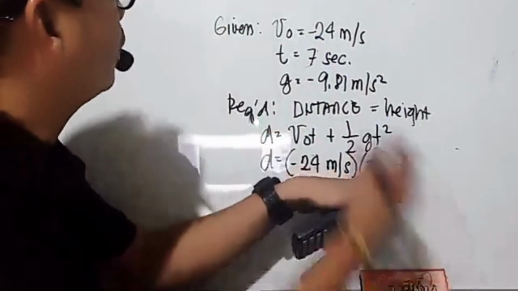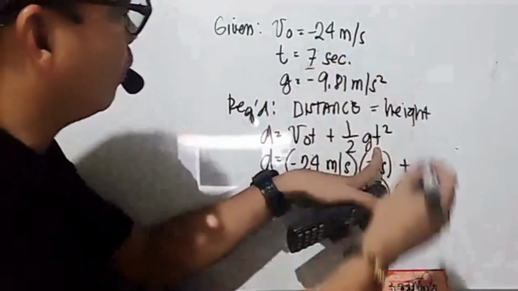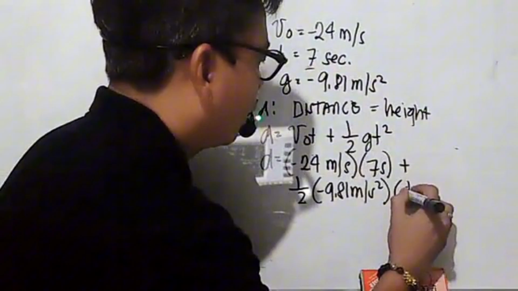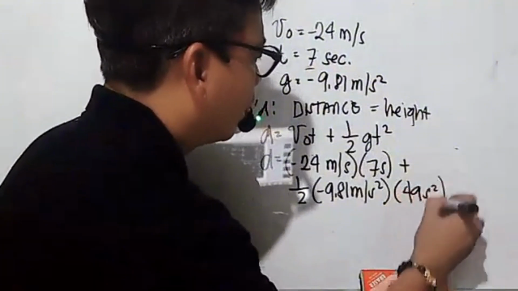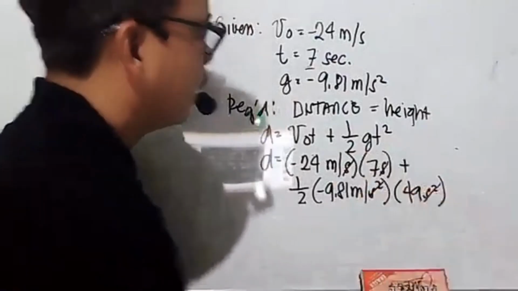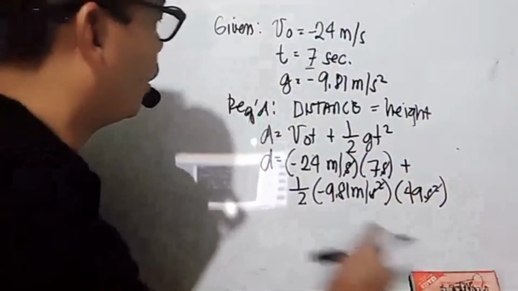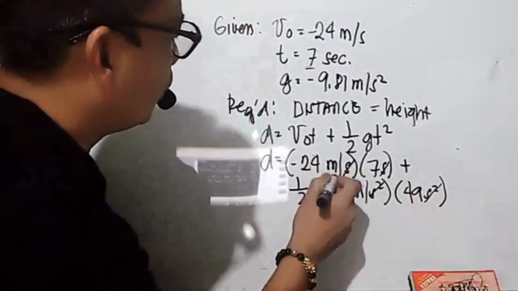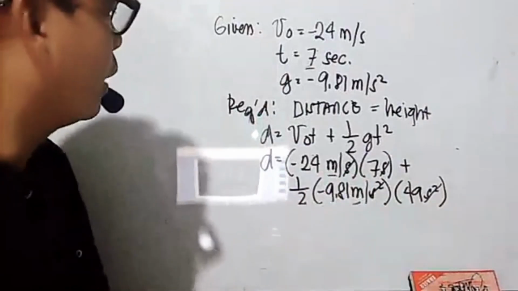Your time is 7, squaring 7, we get 49 seconds squared. Canceling the units, you're left with the unit of meter. So tama, that is for distance.